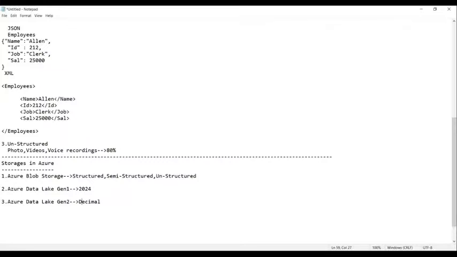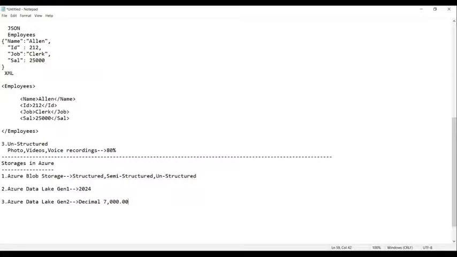What do I mean by decimal? I'm writing a value here: 7,000 dot double two. This is the data accepted in the source file.